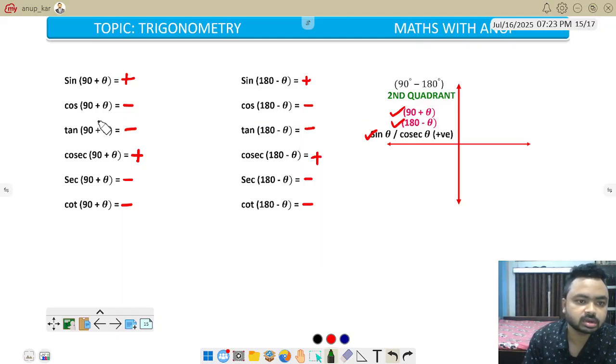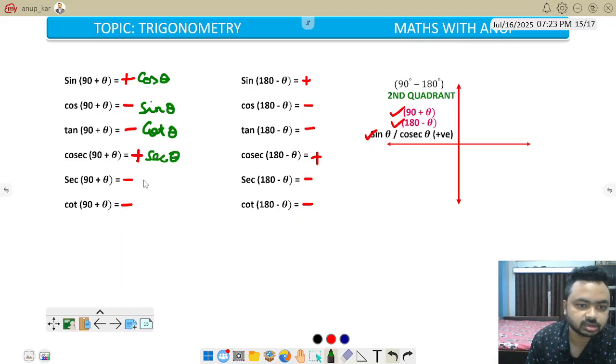Here 90 degree odd multiple again, so sine will change to cos theta, cos will change to sine theta, tan will change to cot theta, cosec will change to sec theta, sec will change to cosec theta, and cot will change to tan theta.